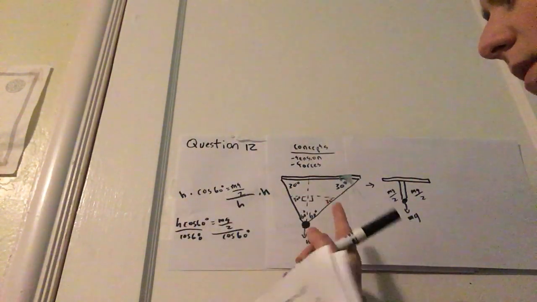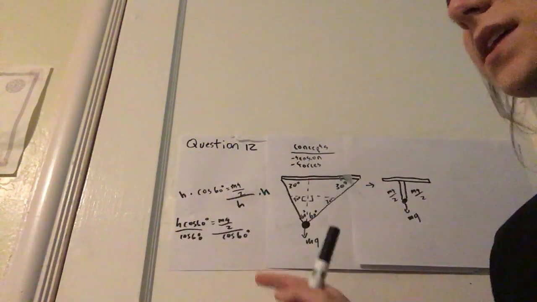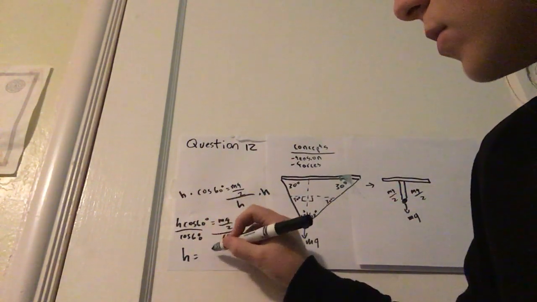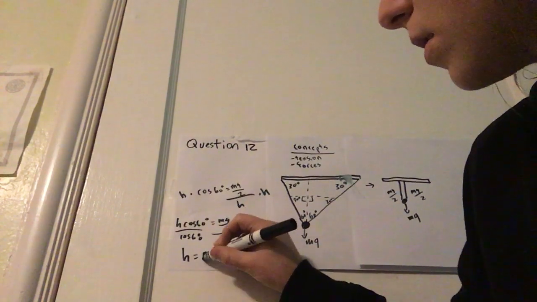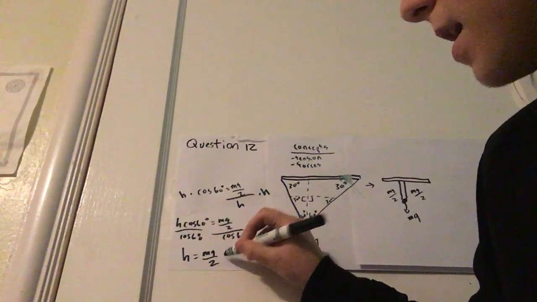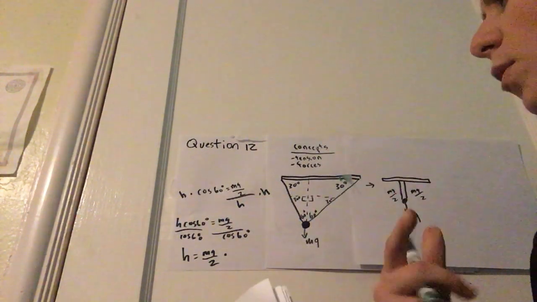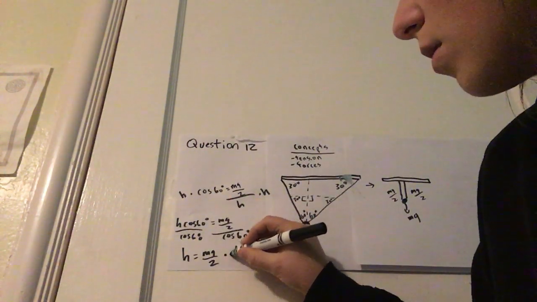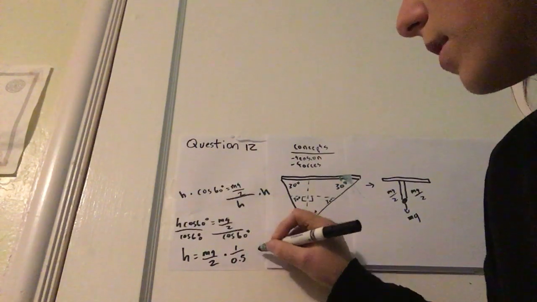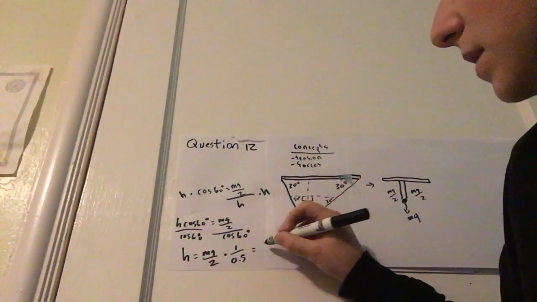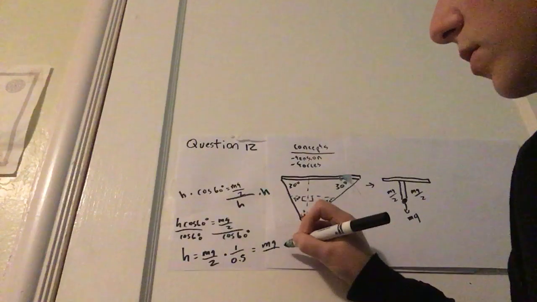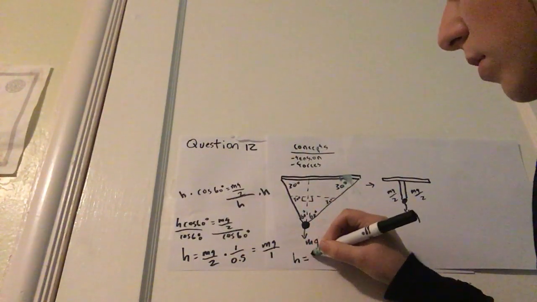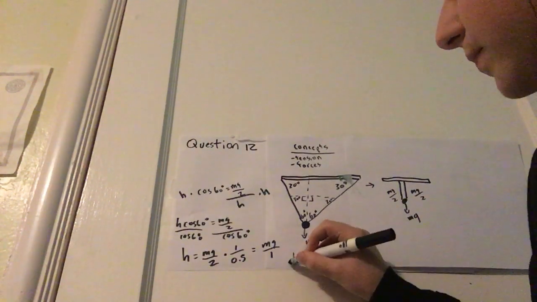Now cosine of 60 is 1/2, so h is equal to mg over 2, and if we're dividing by something, we can multiply by the reciprocal. So I'll do 1 over 0.5, which is equal to mg, and then 2 times 0.5 is 1. So h is equal to mg.